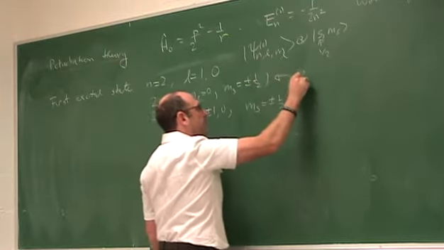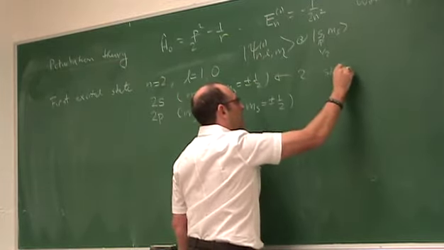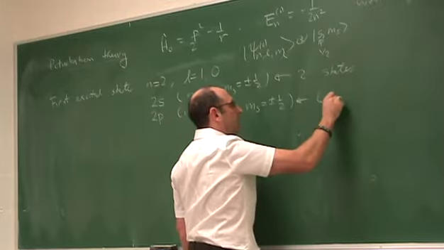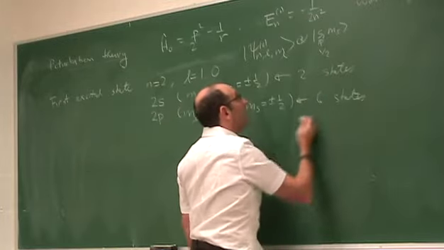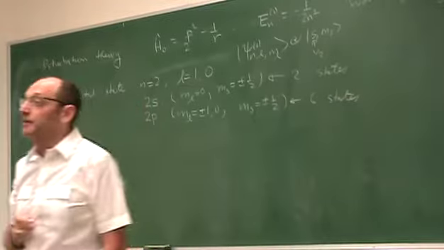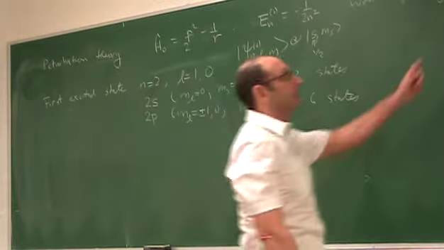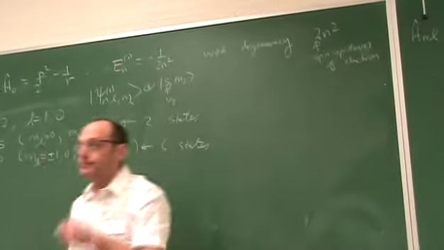So this is 2 states, and this is 6 states, giving a total degeneracy of 8. As we discussed, for n equals 2, the degeneracy is 8.